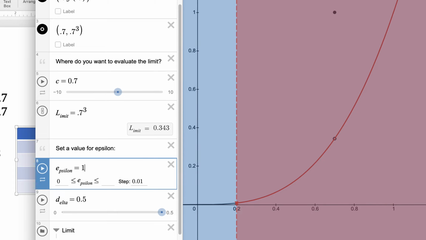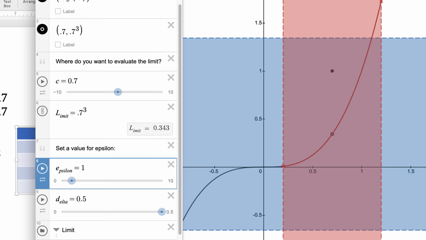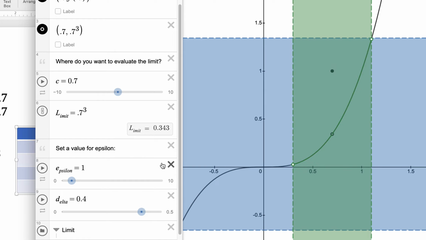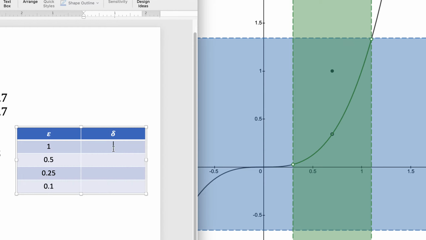I need to zoom out a bit. There we go. So I can see here that when I'm 1/2 of a unit away on either side from 0.7, some of these are outside of the epsilon band. So I need to shrink my delta down. There we go. And so that worked. That was a delta of 0.4.